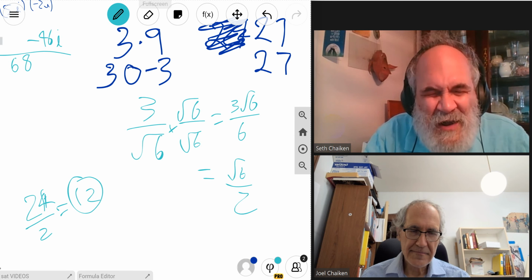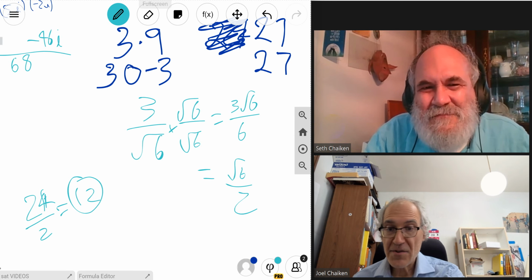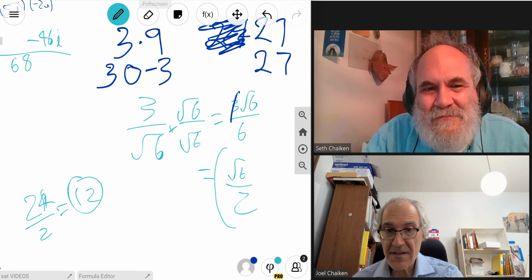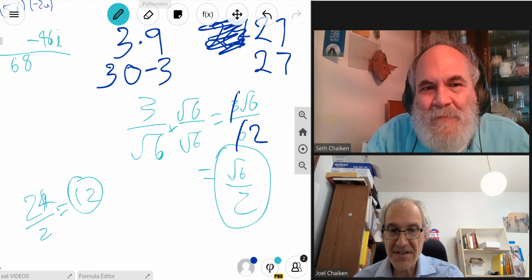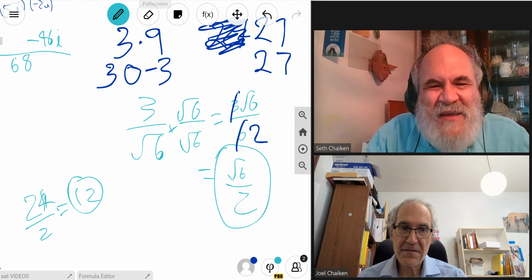And for algebraic numbers, it's also standard form. I see. In other words, there are different ways to write this. So radical 6 over 2 can be written in different ways.